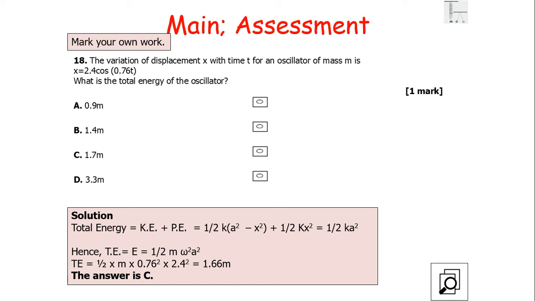When we sub in all the values, our total energy for an oscillator is a half times mass times angular velocity squared times amplitude squared. So you pop in all the values that you know, and then you work out your answer to be 1.66 joules, so the answer is C.